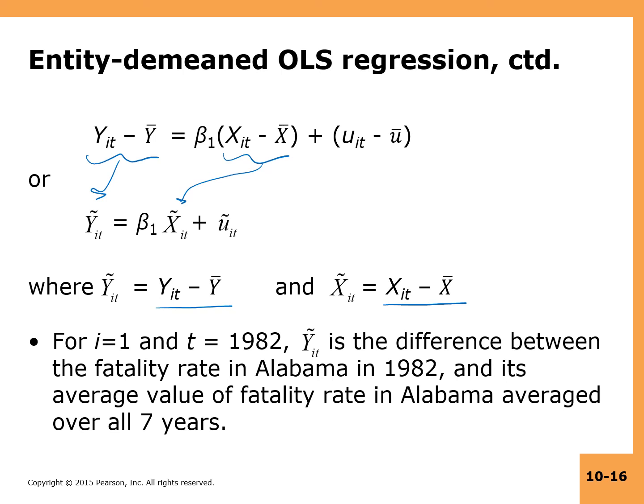If i is equal to 1 and t is equal to 1982, then y is the fatality rate in Alabama in 1982, and y bar is the average fatality rate in Alabama over the past 7 years.